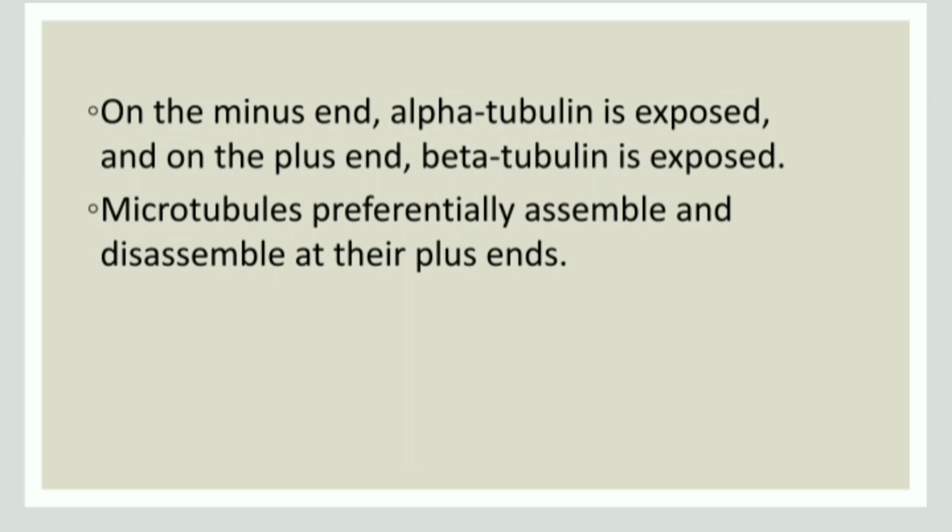In microtubules, the two distinct ends are a plus end and a minus end. At the minus end, alpha tubulin is seen, whereas at the plus end, beta tubulin is seen. So, this is the structure of microtubules, and these microtubules are in the shape of tubes, and hence are called microtubules.